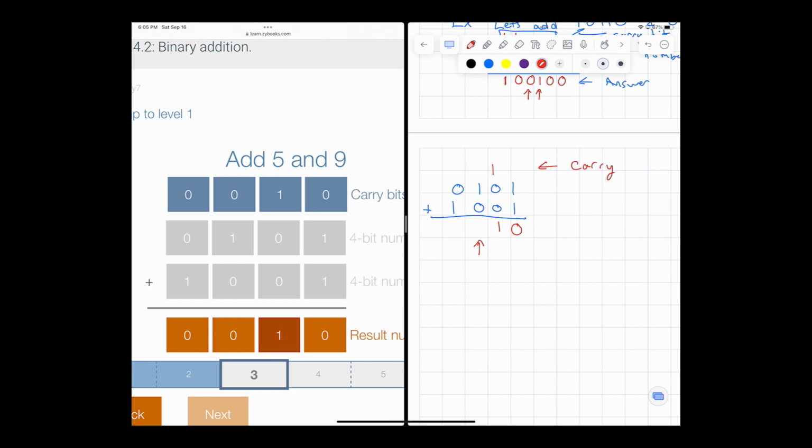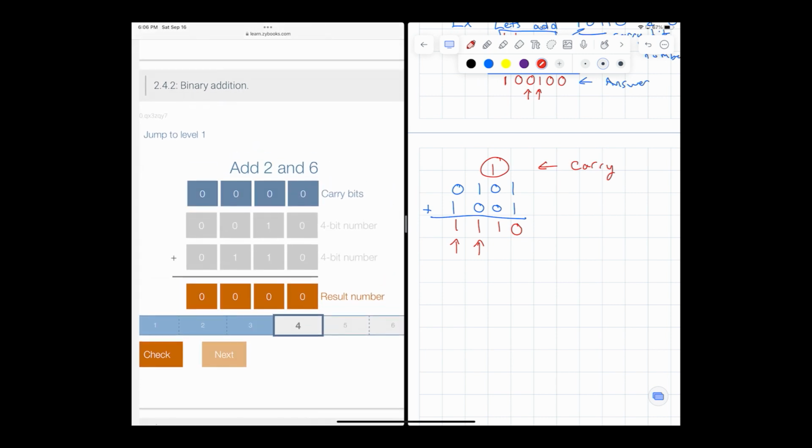We've got 1 plus 0, which is 1, and there's no carry, so we put a 1 here. Finally, we're on the last column, which is also 0 plus 1, which is just going to be a 1, and there's no carry. So the only carry bit that we had was this one, and you only see one that we had to change in the top row there.